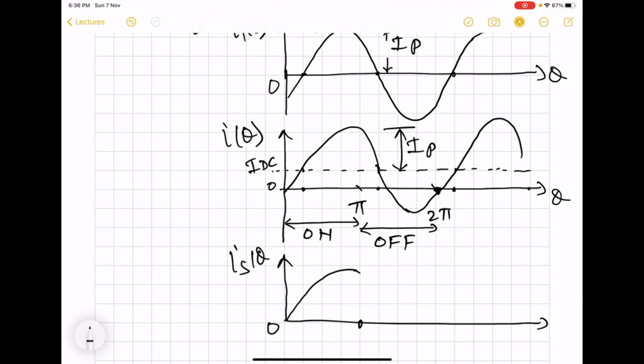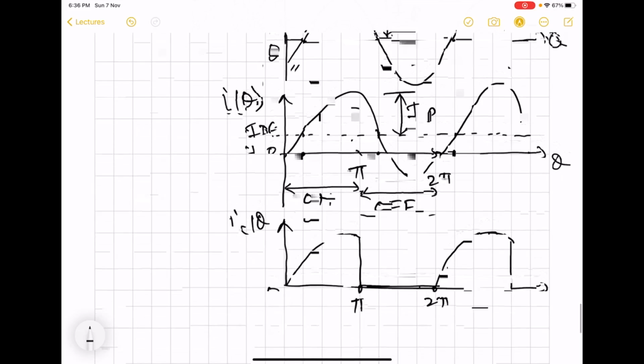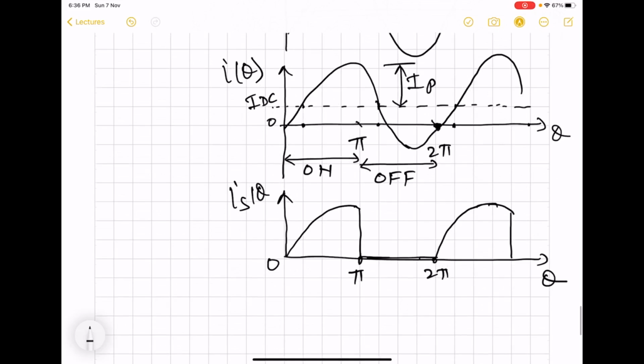At this moment the switch turns off, so the current is 0 for the rest of the cycle, and then again a part of the sinusoidal current comes like this. This is the switch current.